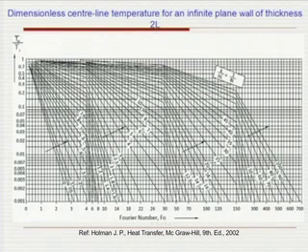So, we can see from this figure how the lines are drawn for various values of 1 by Biot number. The figure shows the variation of T0 bar by Ti bar with Fourier number, and you can see that different scales are kept to accommodate a large range of values of the Fourier number as well as the Biot number variations.